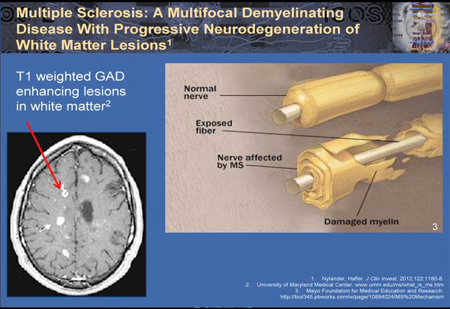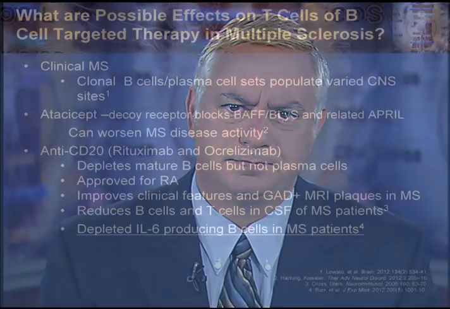Here we can show a schematic, a simplification of what a neuron would look like with a healthy myelin coating at top, and then a nerve that has been affected by MS at right with damaged myelin. So this interferes with the transduction of signals throughout the brain and has important sequelae as a result.